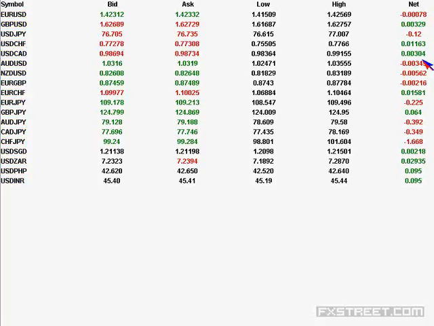So when USD CAD is showing positive net change, we know that it is a USD gaining move. Similarly, the Australian dollar is trading around 1.0316, 1.0319, the low was 1.0247, the high was 1.0355, and 34 pips negative net change is seen.